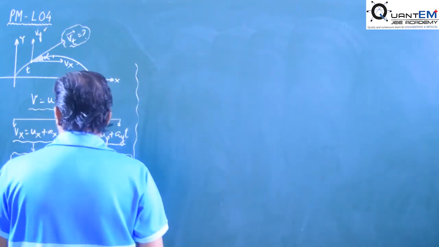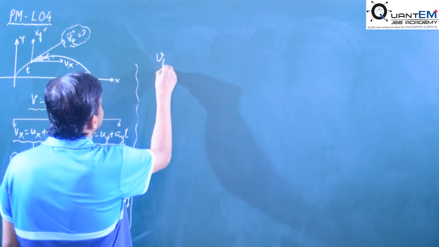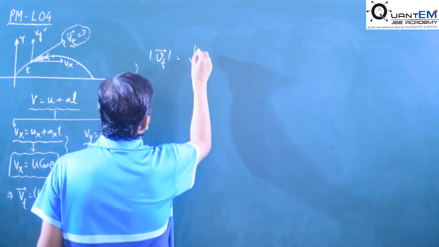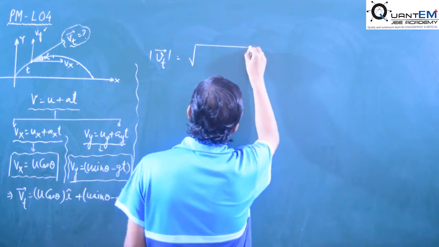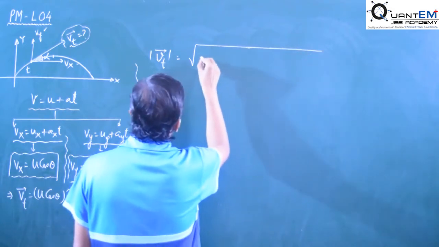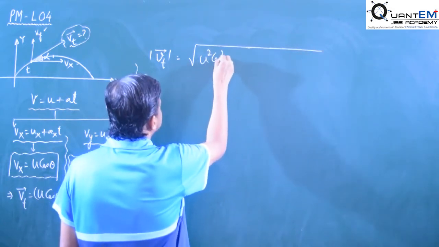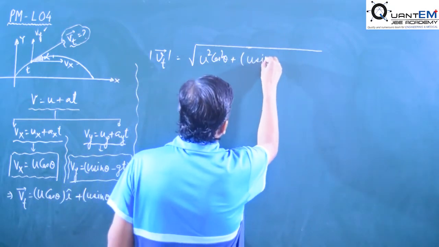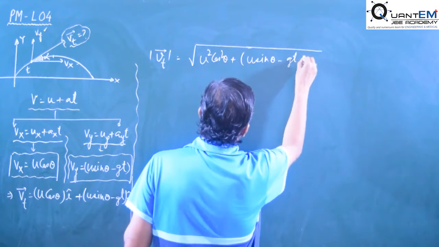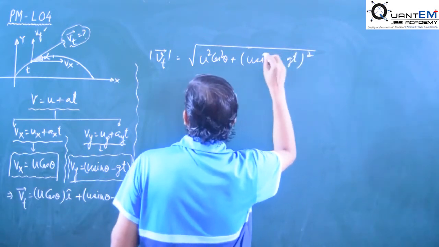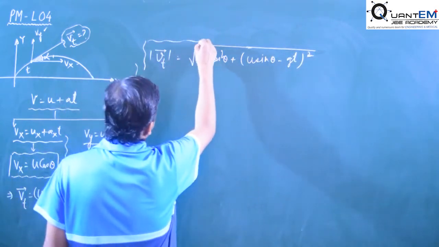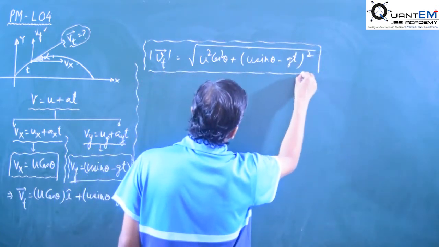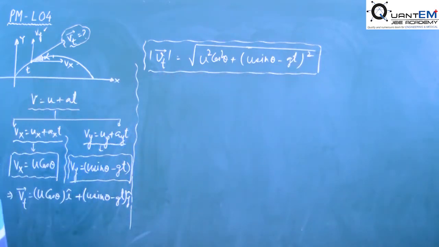Now see what we get. The magnitude of velocity we have under root u square cos square theta plus u sin theta minus gt whole square. Okay, now simplifying it, you may get the result of the magnitude of velocity at any time t during motion.